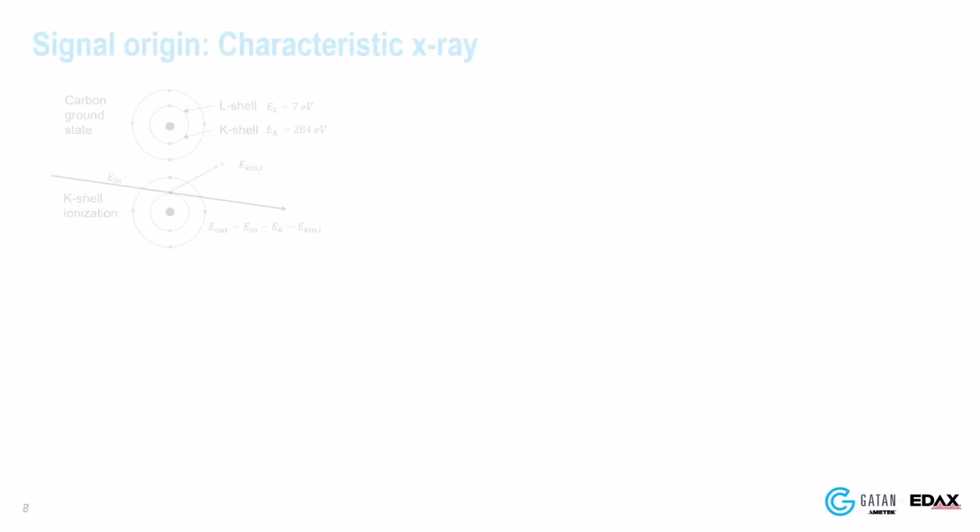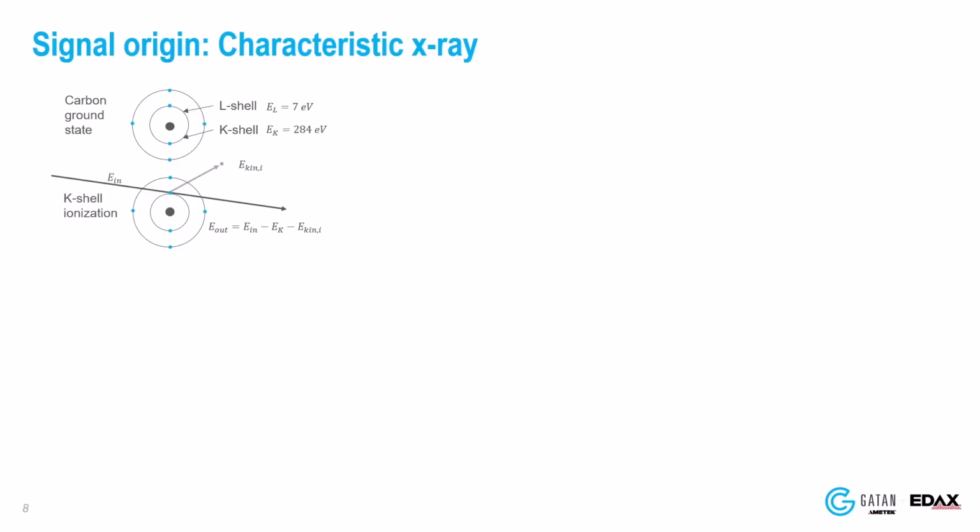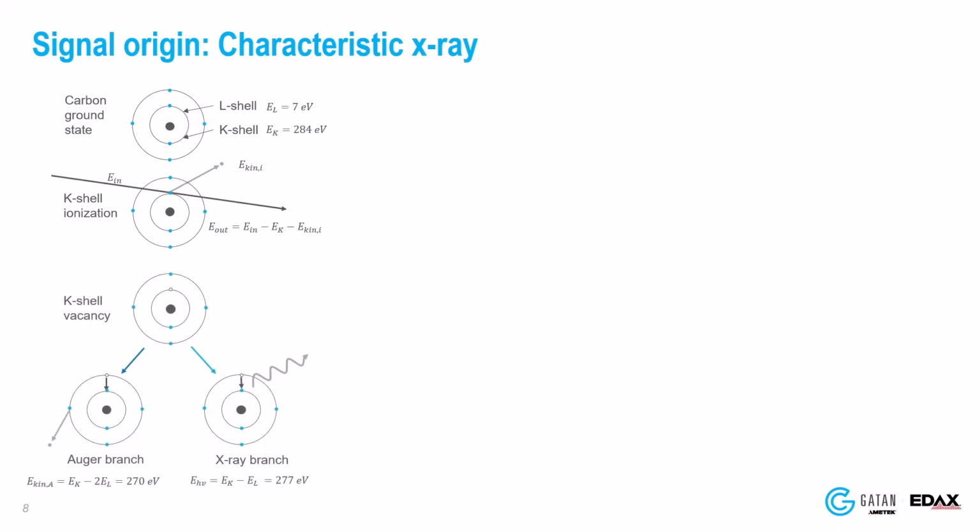If we look at the signal origin, both EDS and WDS are based on the detection of characteristic X-rays. The incoming electron beam causes an inner shell ionization, which can undergo two main de-excitation pathways. Each option has a characteristic energy signature, which depends on the electronic structure of the material analyzed.